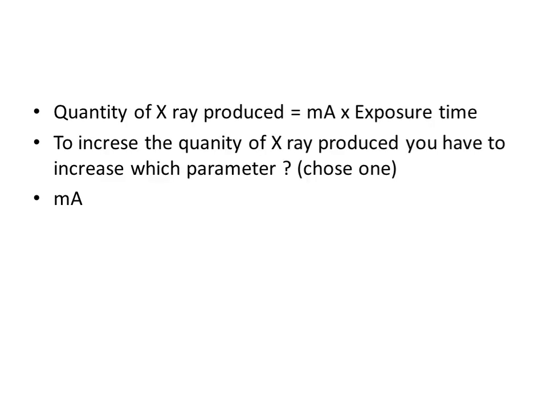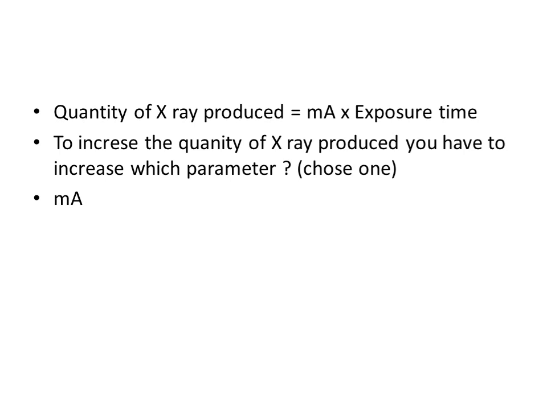Now, to increase the quantity of X-ray produced, which parameter do you have to increase? The first thing to note is that the quantity of X-ray produced depends on mA and exposure time, so it depends on both.